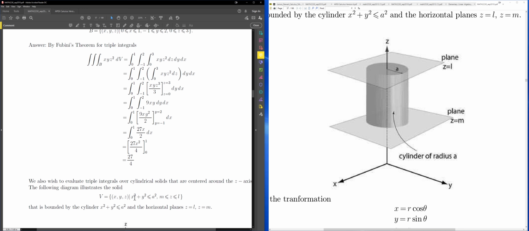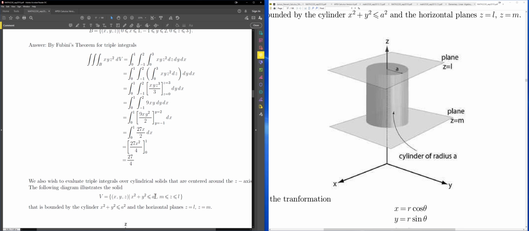And then the next thing I have over here is x squared plus y squared less than or equal to a squared. You want to remember that x squared plus y squared equal to a squared, in three-dimensional space, defines a cylinder centered around your z-axis of radius a. So your radius over here is a.